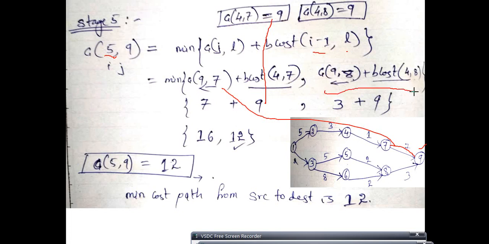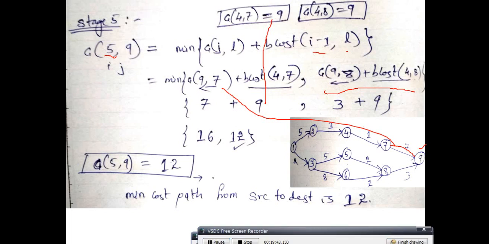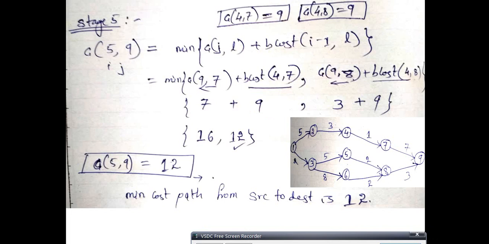How did it come? See here, vertex 9 has how many in degrees? Vertex 9 has 2 in degrees, from 7 and 8. So we have to write 7 and 8. We need to calculate both answers, and among them we have to choose the minimum answer. That is our aim.